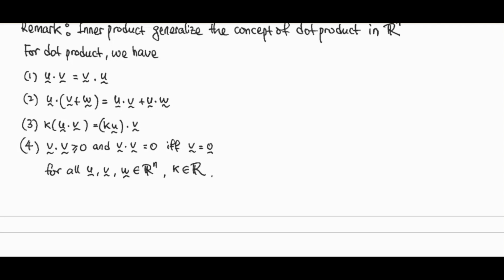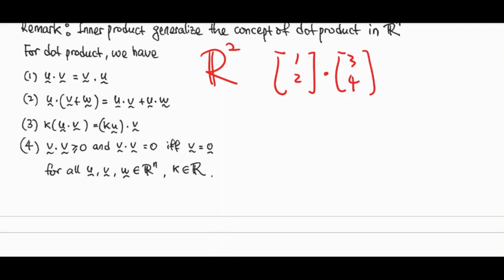And we wanted to expand these ideas so that we can also talk about dot products outside of Euclidean space, such as R2, right? So for example, in R2, you have the vectors (1, 2) and take the dot product with (3, 4). We know how to do that. That's not a problem. That's 3 plus 8, which is equal to 11. That's fine.